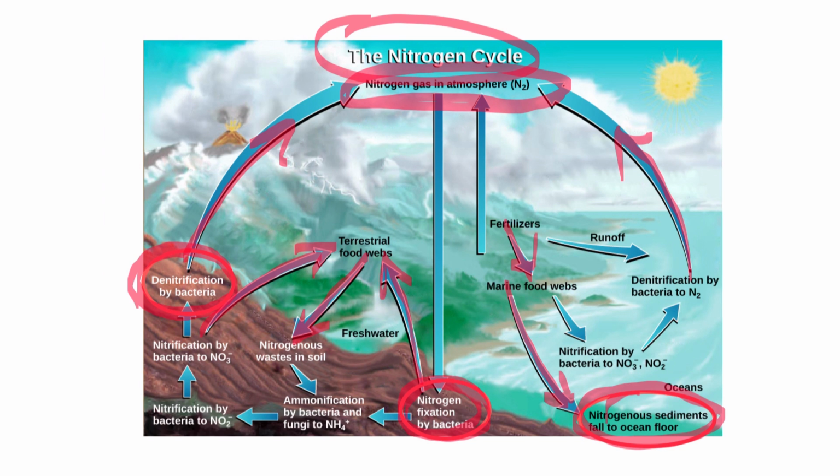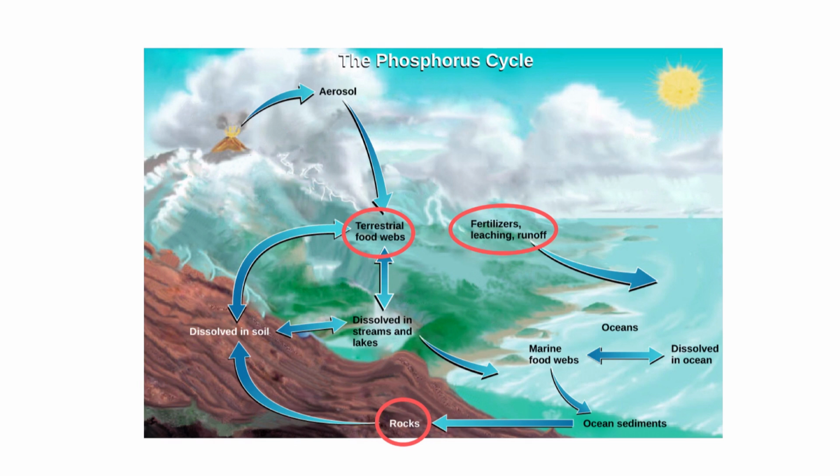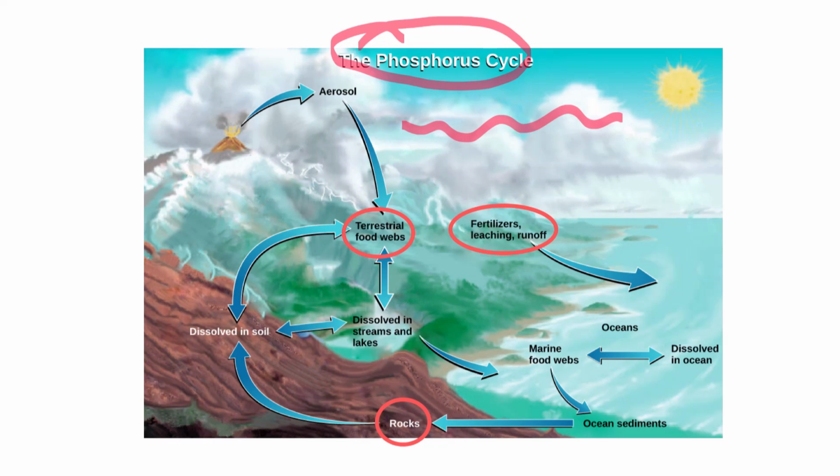And then finally, we're going to finish up with the phosphorus cycle, and phosphorus is the only one of these cycles that does not have a large component in the atmosphere. So you'll see that there is no phosphorus component being represented up in the atmosphere here.